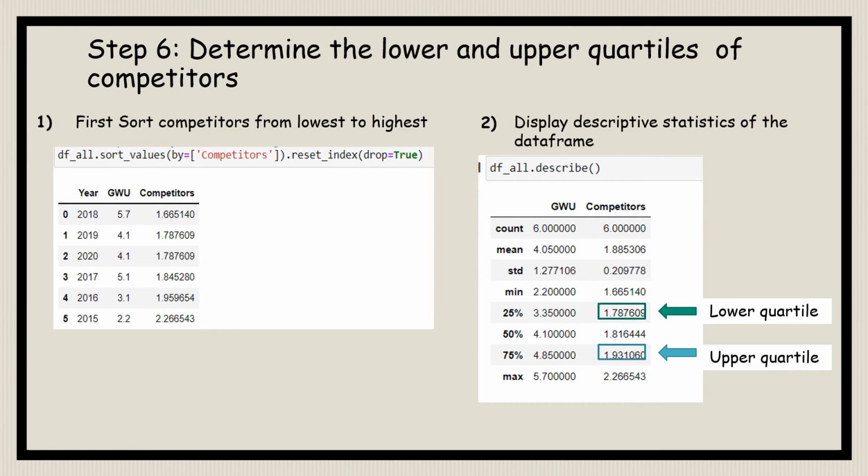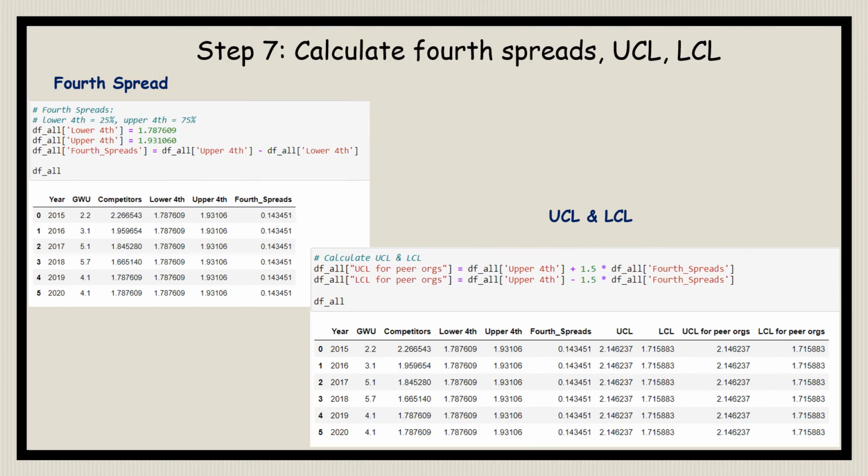Next, to determine the lower and upper quartiles, you would need to first sort the competitors from lowest to highest, and once that's done, you can use the describe clause to display the summary statistics of the data frame. As you can see, 25% indicates the lower quartile, while 75% indicates the upper quartile, and the 50% mark indicates the median. We will be using the lower and the upper quartiles to calculate the fourth spread.